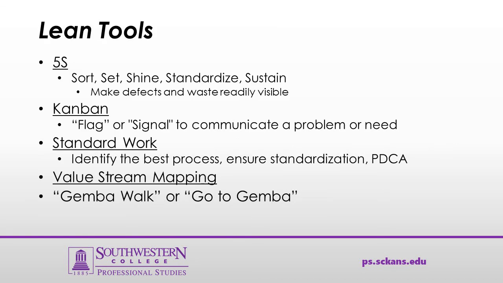A couple examples of some lean tools that you might see pretty commonly, and again, this is nowhere near an exhaustive list, but you'll see some stuff like 5S. If you've heard of that, or if you haven't, you will very much see a lot about 5S when you get into this world. That stands for sort, set, shine, standardize, and sustain. There's a couple different versions out there. Some places will call it 6S with the inclusion of safety.